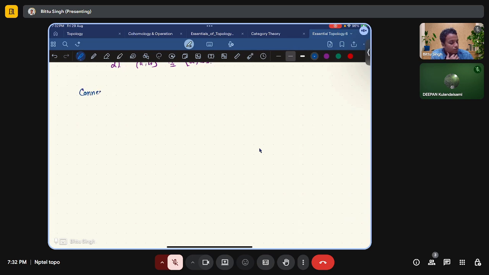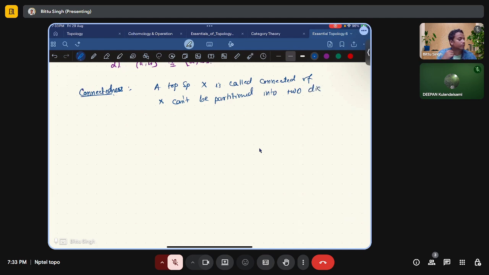Connectedness. A topological space X is called connected if X can't be partitioned into two disjoint open sets.